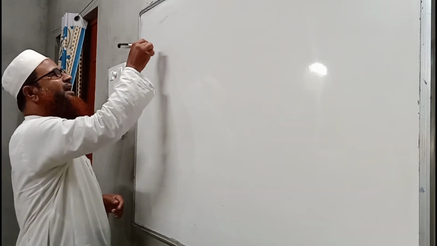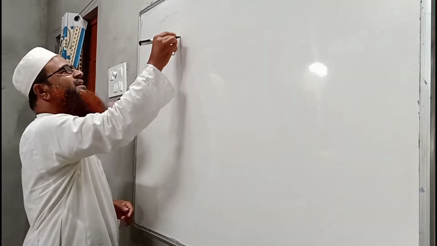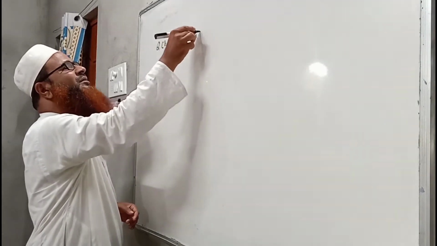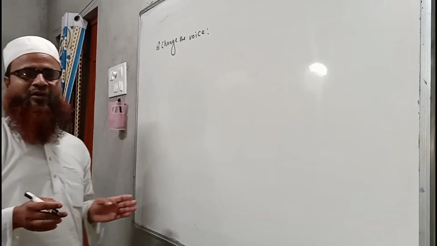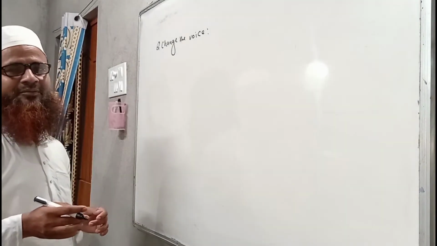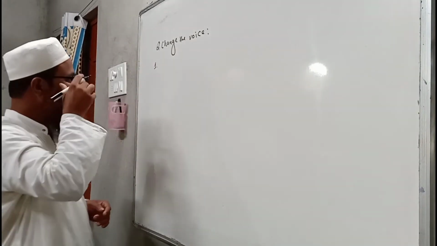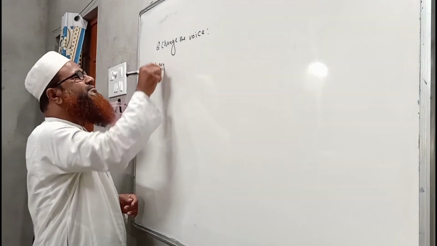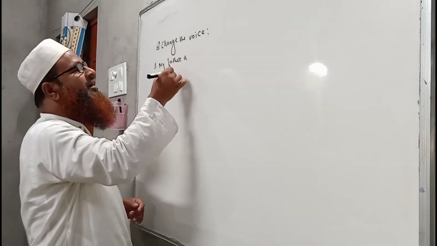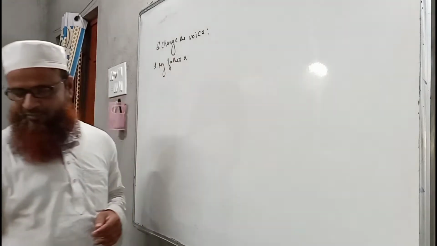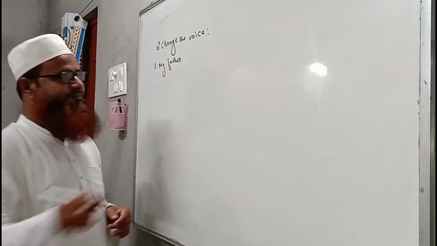So here I have written the question, change the voice. Remember, we will only write the 4 kinds of tenses here for voice sense. Number 1, I am writing: My father takes a morning walk regularly.